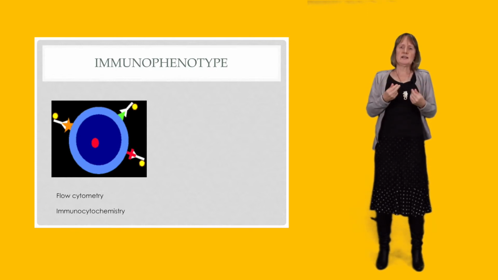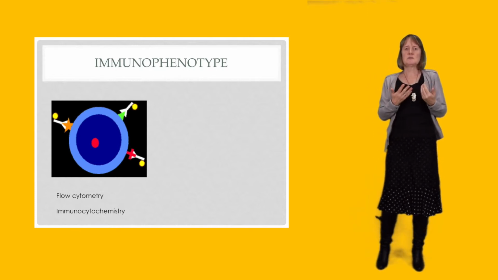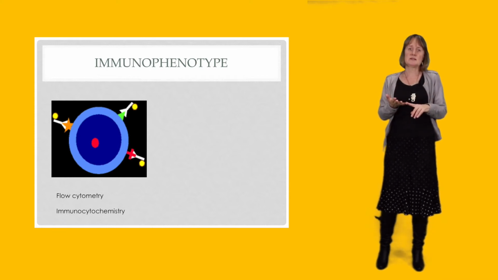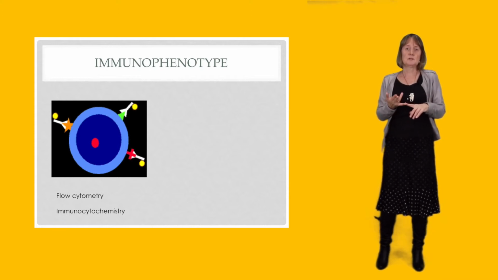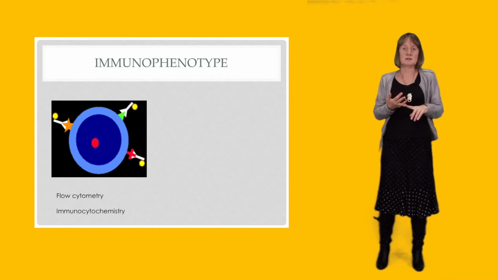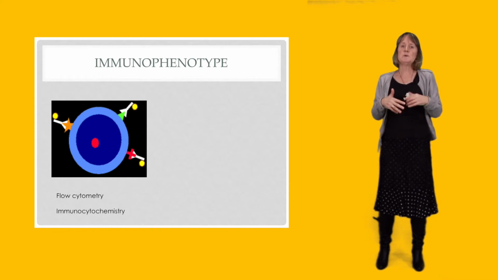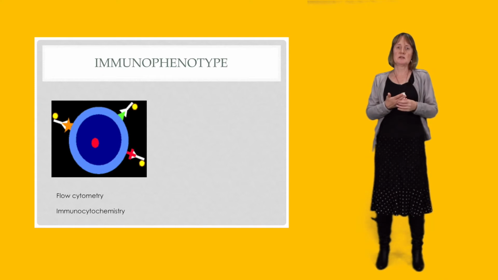And we don't really have time to go into the details of the techniques, but the usual techniques are flow cytometry and immunocytochemistry. And we will be showing you some examples of the results during the rest of this course.